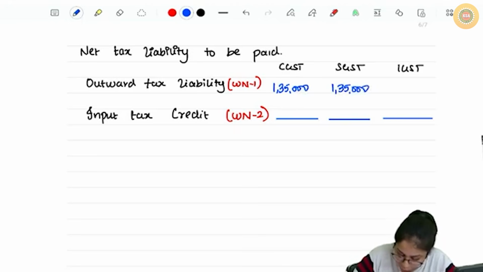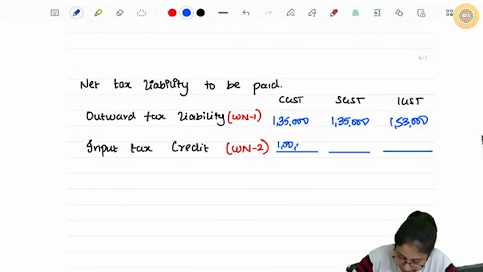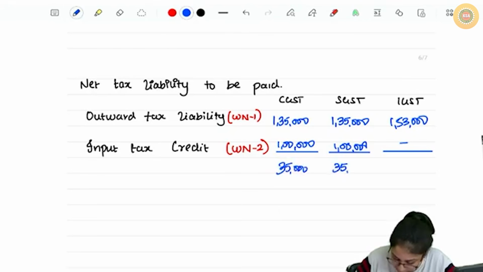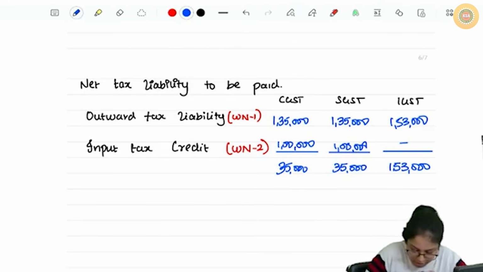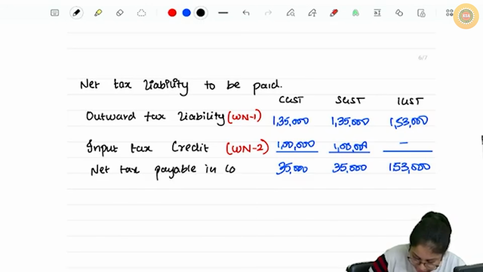And my ITC is 1 lakh, 1 lakh and nil. I don't have any opening ITC also. So the net tax payable in cash is 35,000, 35,000, 1 lakh 53,000.